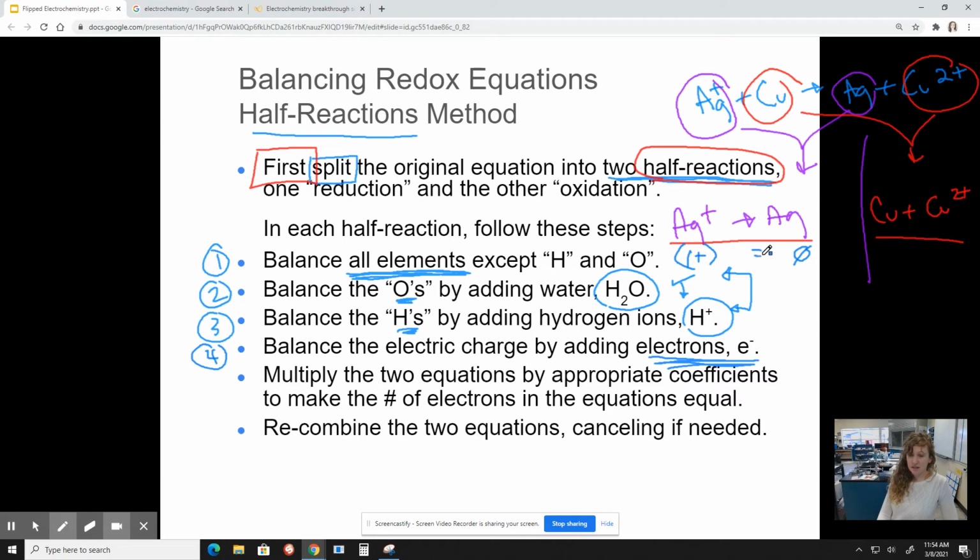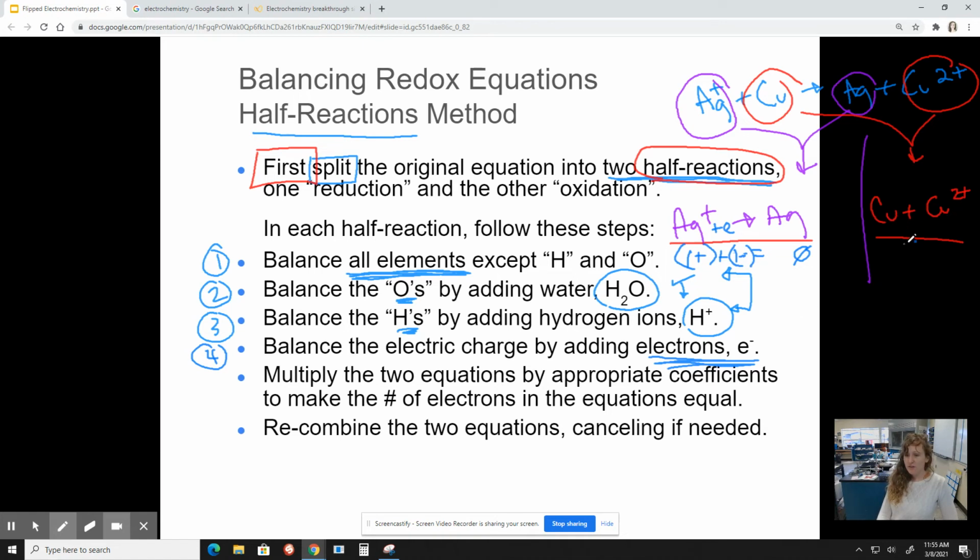These two things are not equal, so I'm going to add electrons in order to make them equal. I would add an electron to this side because it will add a 1 minus charge. And then my two sides are now equal.